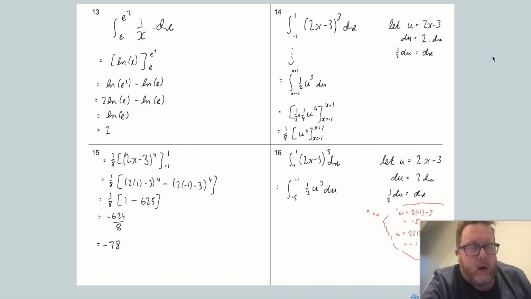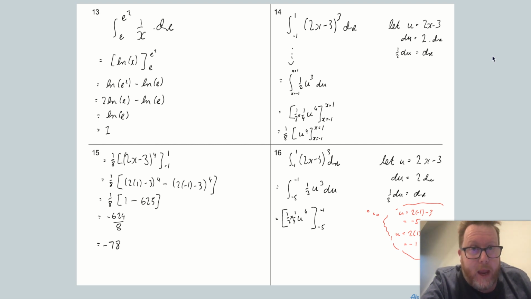Okay, so I've recalculated the boundaries, and the reason why is because I can now find the integral with respect to u, and that would be, again, u to the power of 4. Put the quarter down here. I had a half to start with, from minus 1 down to minus 5, okay?